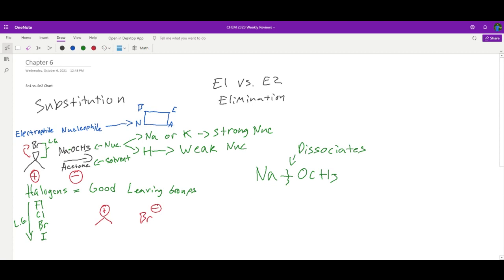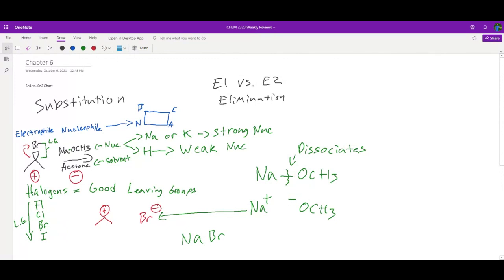When they separate, I get Na positive and OCH3 negative, okay? So this Na is actually going to bond to my bromine, okay? It's going to make NaBr, which is going to be a solute, I think. Okay, so that will create an ionic bond with my leaving group, the sodium, potassium, or hydrogen that left, okay?